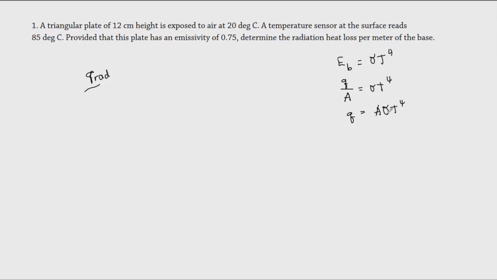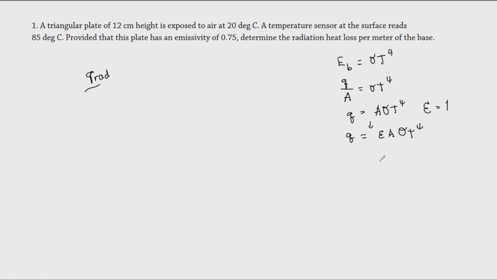And this is applicable if our emissivity is equal to 1, that is the ratio of the emissive power of the material to the black body. So if it's a black body, then this E would be equal to 1. But if it's not, then Q would be equal to E and then A sigma T to the 4th. And this is how it works for gray bodies.